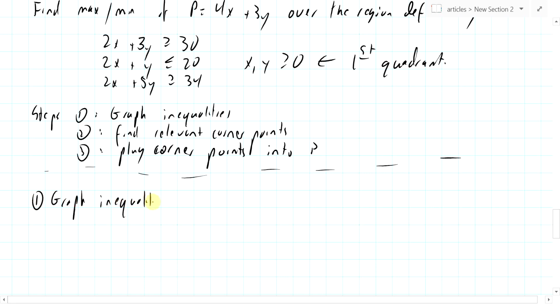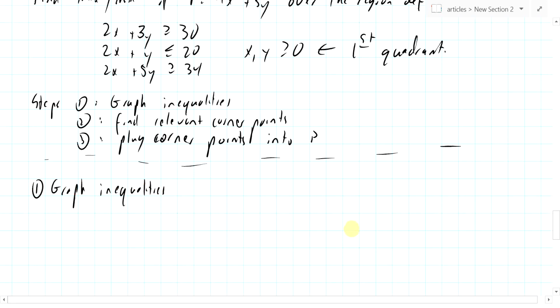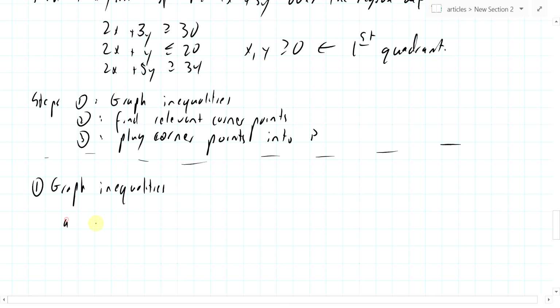And for each one of my lines, I need intercepts and test points. So A, 2x plus 3y greater than or equal to 30. X-intercept is 30 divided by 2, which is 15. Y-intercept, 30 divided by 3, is y equals 10. Test point is 0, 0.